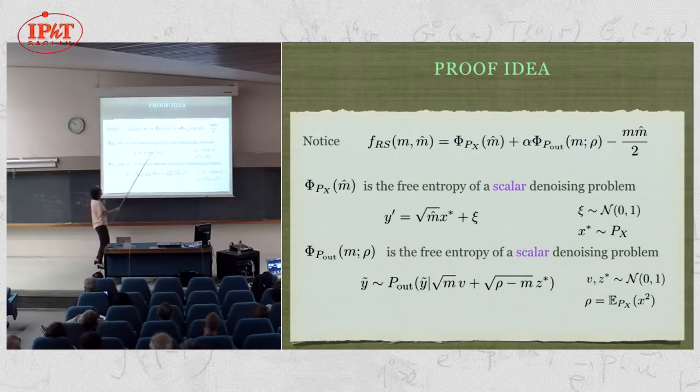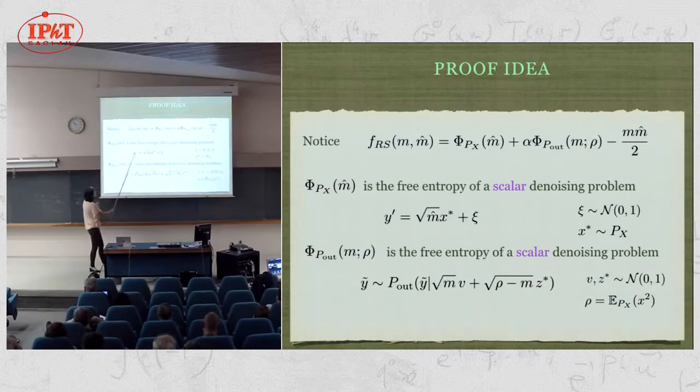This one would be where we generate a certain y star with some x star that is chosen from this distribution p_x. But this time x star is not a vector, this time it's just a real number. And this is just some parameter m star that I need because it will then appear in the formula, and a noise that is just Gaussian noise.